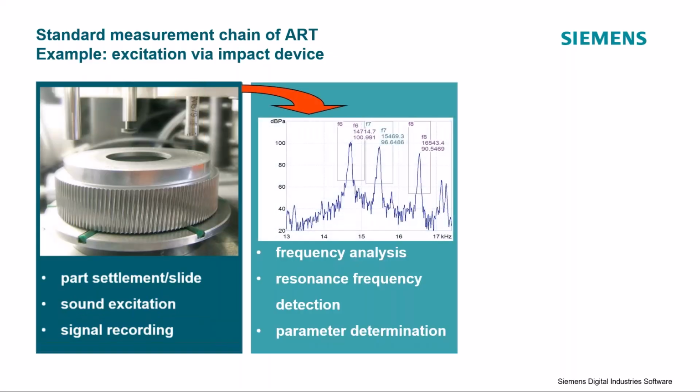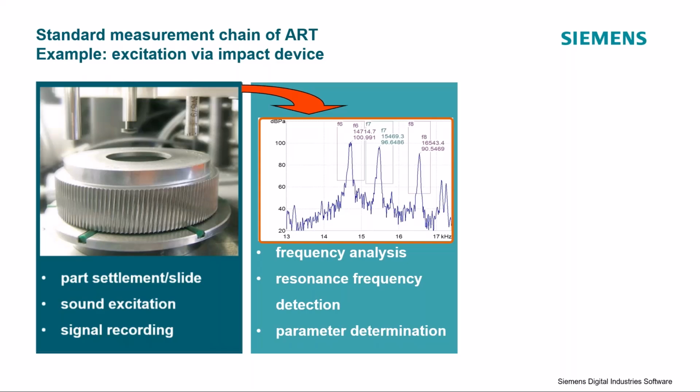This leads to a time signal, and we do a frequency spectrum calculation. And then we have such a result, and here's just a little section of a frequency spectrum. The part can only vibrate in some modes, in some patterns, and with each of these modes, you get a resonance frequency in the spectrum.